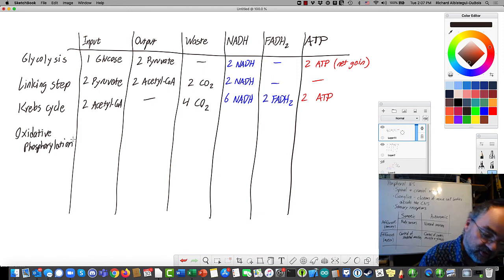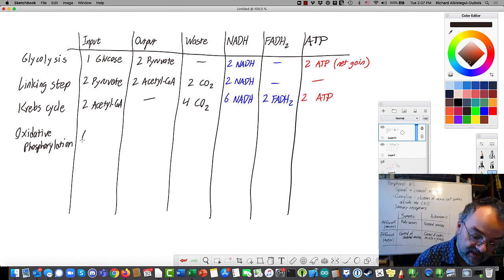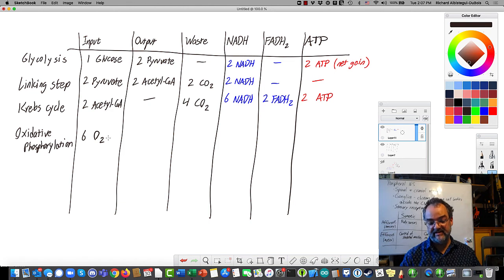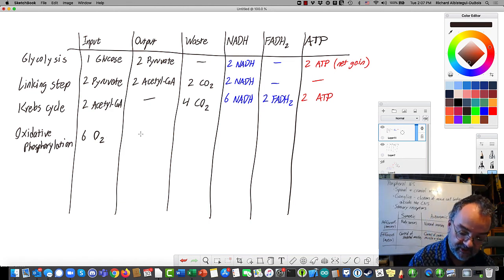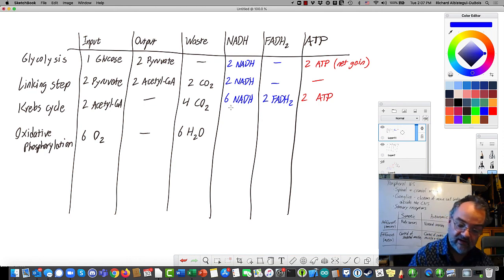Now, we didn't do the balanced chemistry here, but I'll tell you that in order to take those electrons off the chain, we are going to need 6 molecules of oxygen. Those are the final electron acceptors. There's no particular useful output, but for waste, we're going to get 6 water from those oxygens. We're going to put all 10 of those NADH in there.